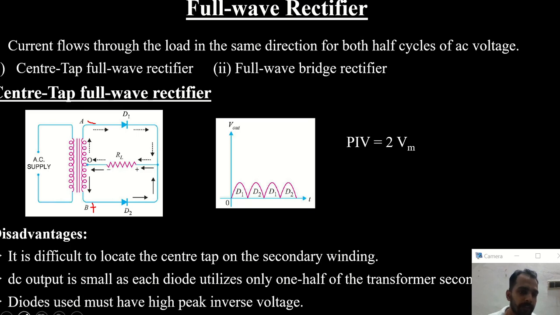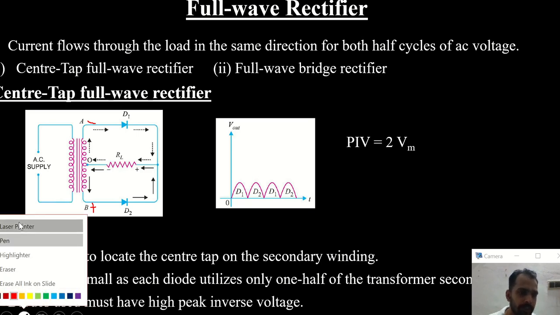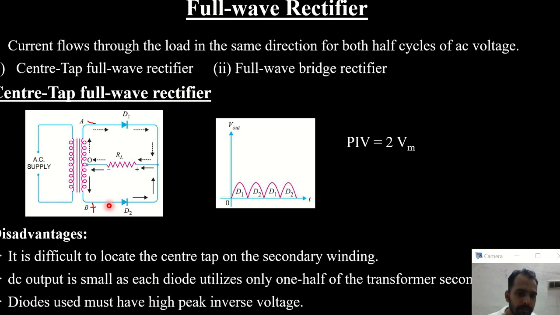Then diode D1 is reverse biased and diode D2 is forward biased. So D2 conducts and D1 does not conduct. The current flows through the circuit in this direction, and the current in the load resistance is again from this end to this end during the negative half cycle also.